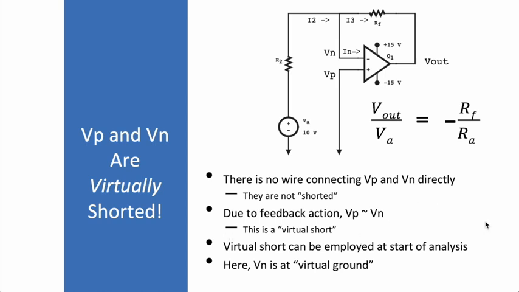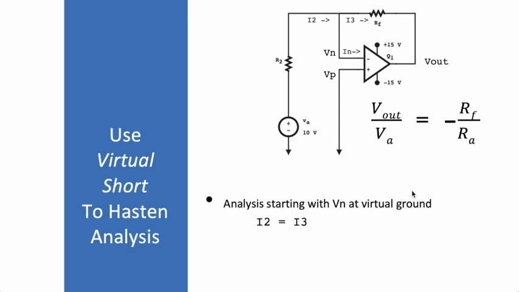Furthermore, that virtual short can be employed at the start of our analysis as just another one of our assumptions, and that will really expedite the analysis. In this case, because Vp is grounded, another term you'll run into is the idea that Vn is at virtual ground. So virtual short, virtual ground. Using the idea of the virtual short will hasten analysis.